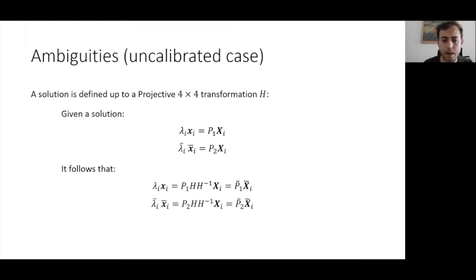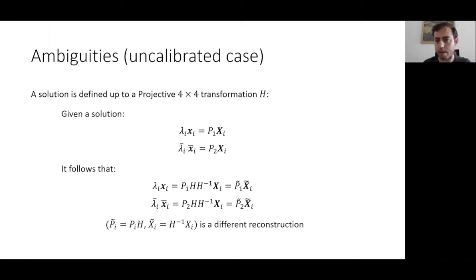Then we can use any invertible matrix H and just put it between P1 and xi, and between P2 and xi, H inverse, which is an identity matrix, and not change the solution at all. So this equation is still correct, but we get a new solution for the problem that we denote by tilde, such that P tilde equals P H and xi tilde equals H inverse xi.